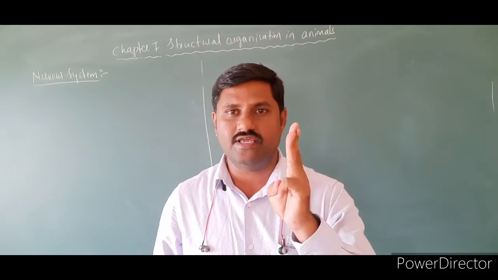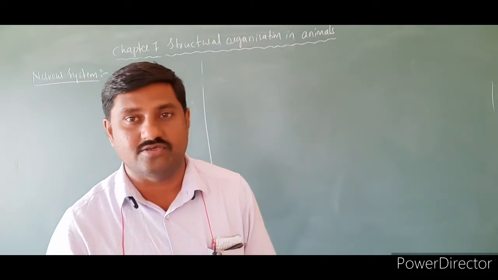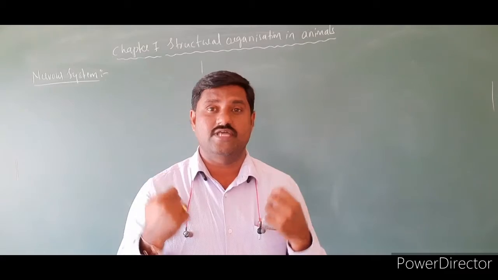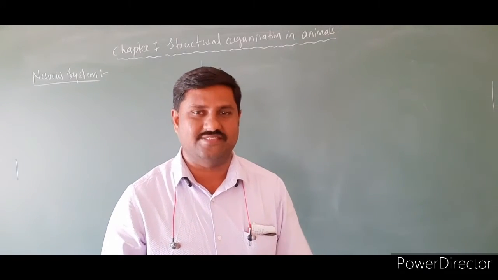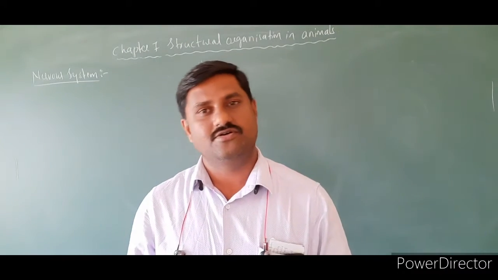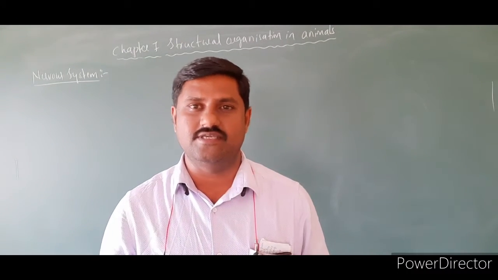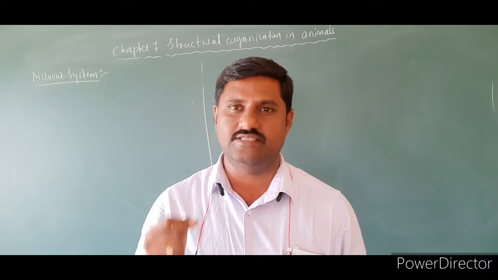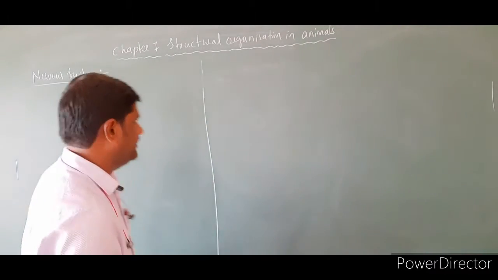Like this, there are 3 nervous systems that we come across as human beings have. A little more advanced nervous system is seen in animals like the earthworm itself. Let us see.